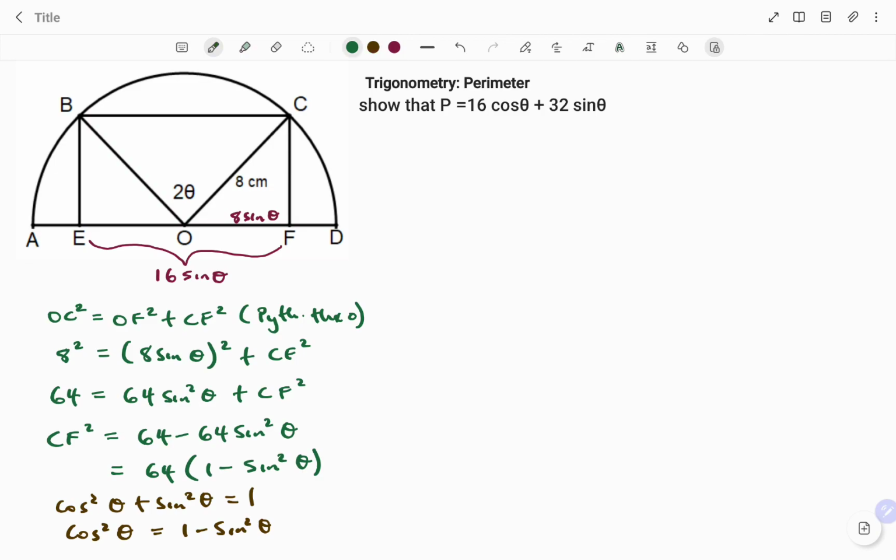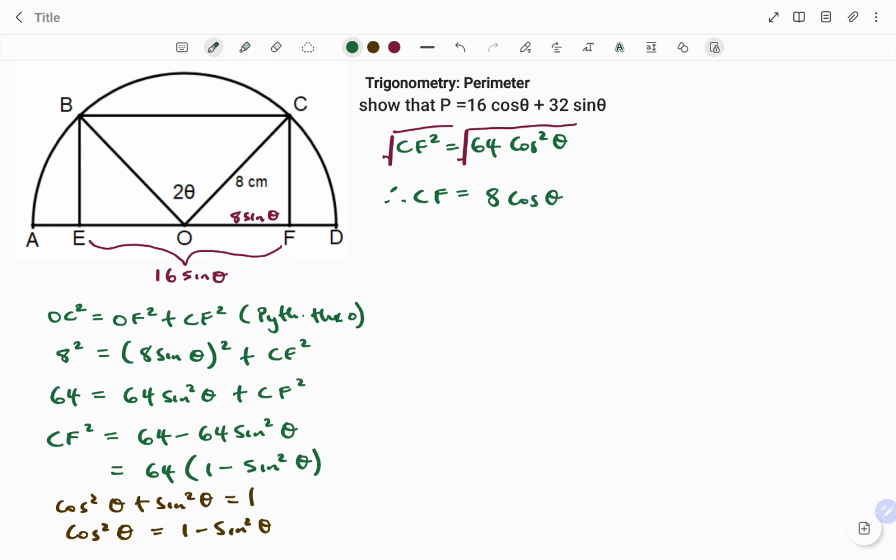I have CF squared equals 64 cos squared theta. So therefore, finding the square root of both sides, I have the distance CF, which is the width of the rectangle, equals 8 cos theta.